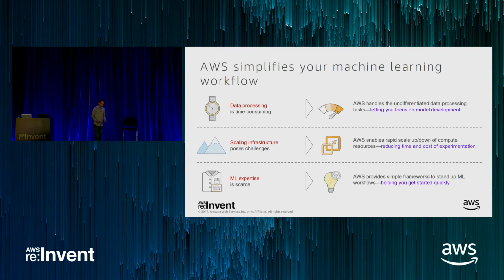AWS helps simplifies those challenges. With advent of AWS cloud computing or cloud computing in general, we got to touch such a huge compute resources, memory power, right? Now we can process huge amount of data.